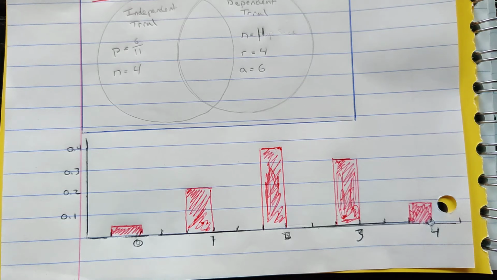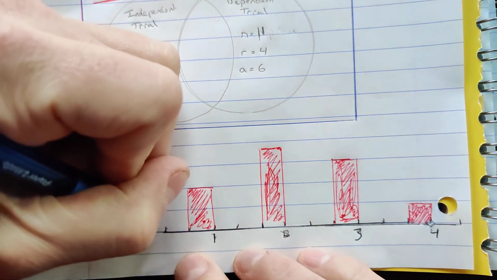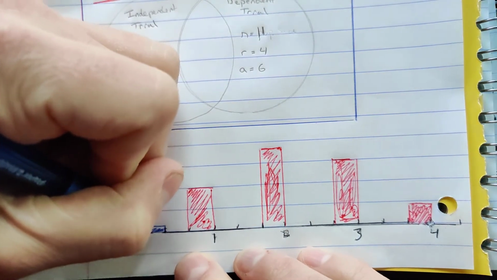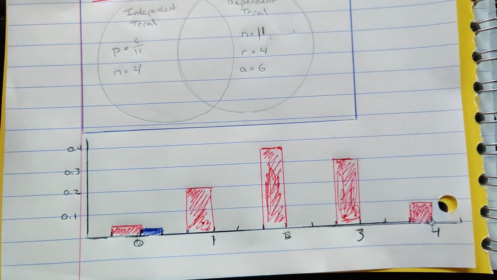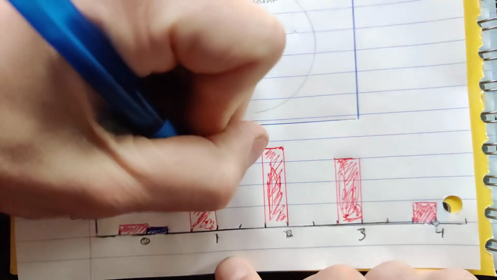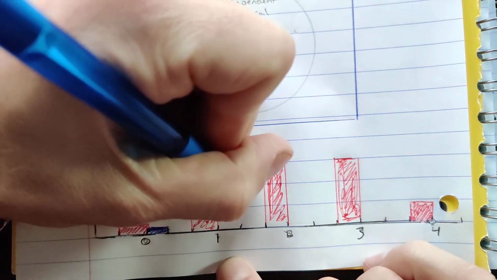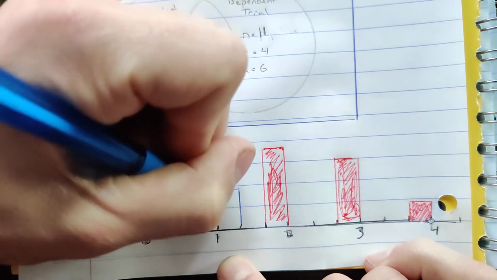Now if we go side by side with the hypergeometric, 0 is going to be 0.2, so it's half of that first one. Then we have 18, which is slightly lower than this one here.